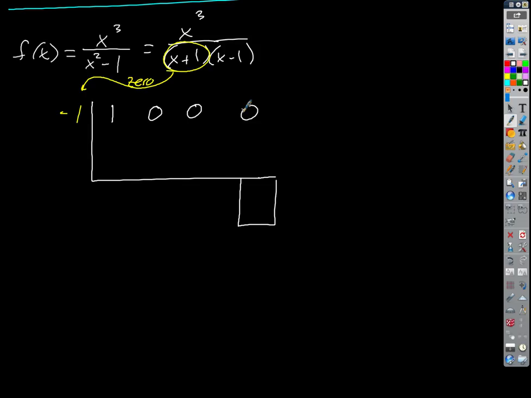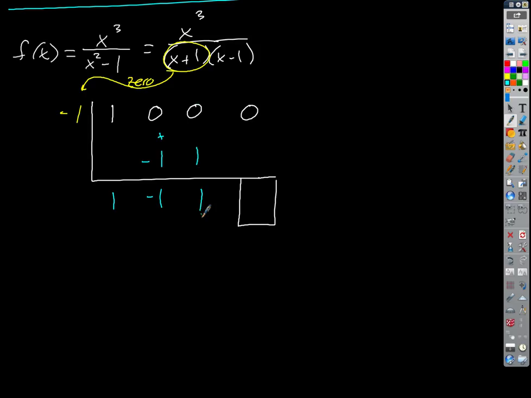Okay, so what do we get here if we do this? This may or may not work great, but we'll try it. If I bring down the 1, what happens? -1 times 1 is -1. Then we add synthetically, the opposite of long division. So we get a -1. -1 times -1 is 1, plus 0 is 1.